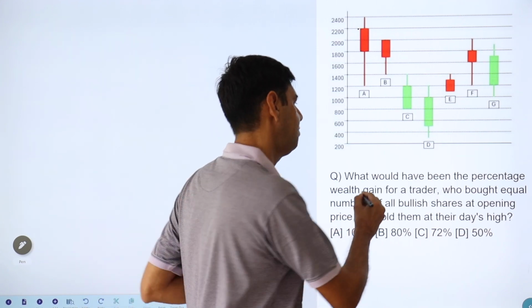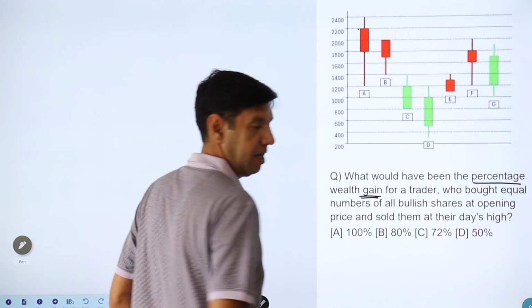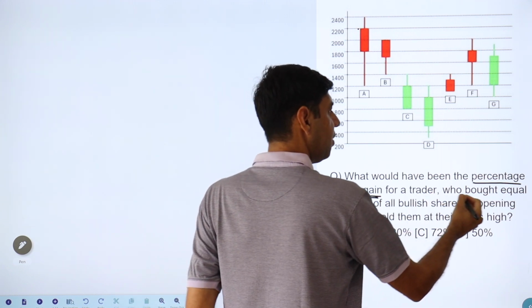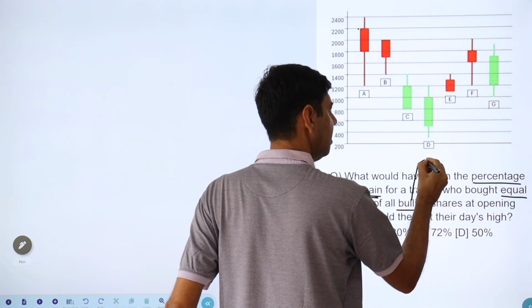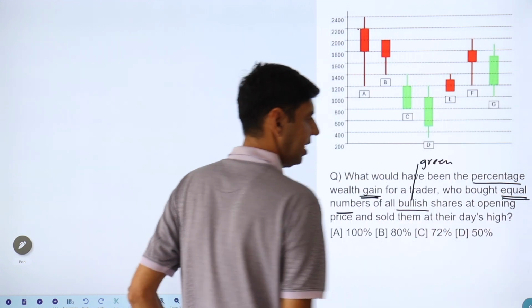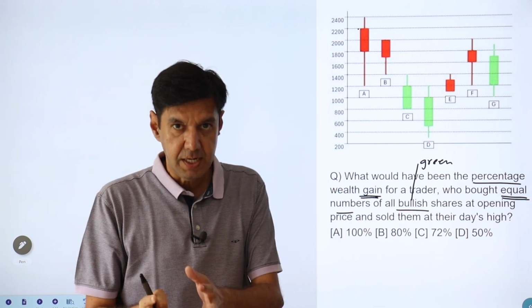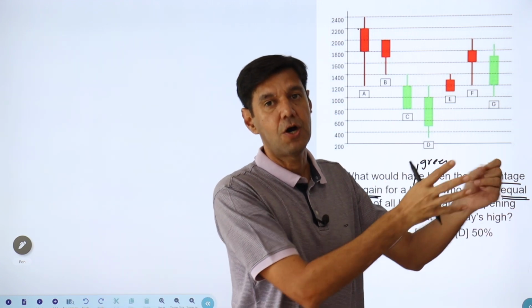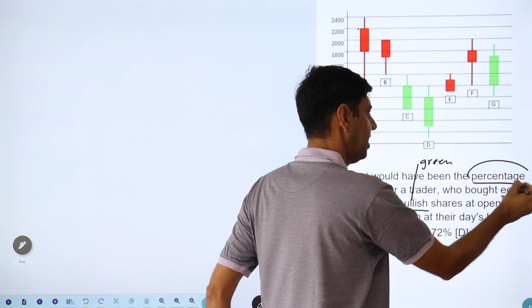In this question, we need to find the percentage gain, like a percentage profit, for someone who bought an equal number of bullish shares. Bullish are the green ones. So C, D and G, the same number I am purchasing. Whether I buy them 1 unit or 2 or 10 or 100 doesn't matter, because the percentage gain is going to be the same.